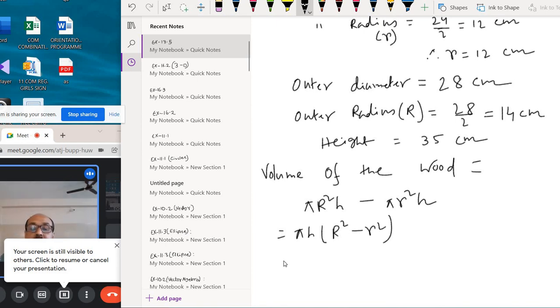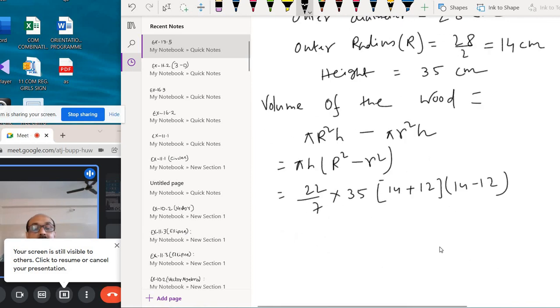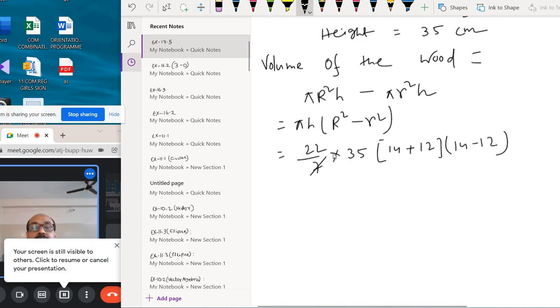Now pi is 22 by 7, height is 35 and capital R is 14. Using a square minus b square, 14 square minus 12 square is 14 plus 12 into 14 minus 12. Calculate this now. 5 7s are 35, so 22 into 5 is 110, into 14 plus 12, 26, into 14 minus 12, 2.